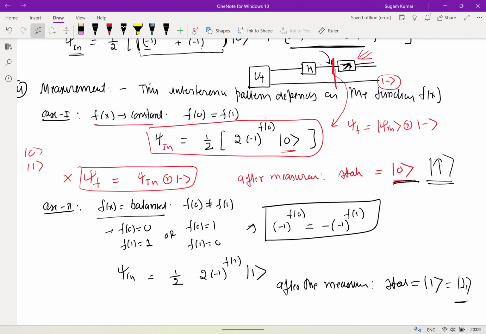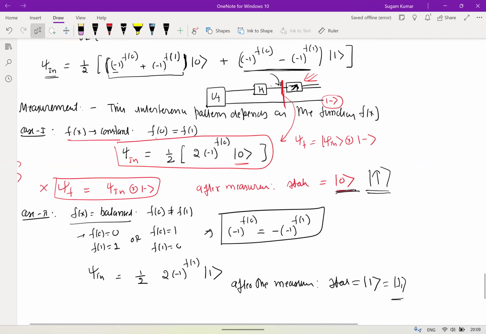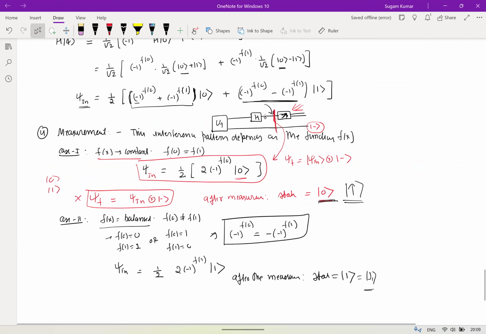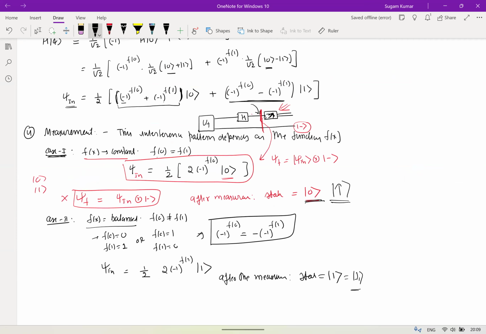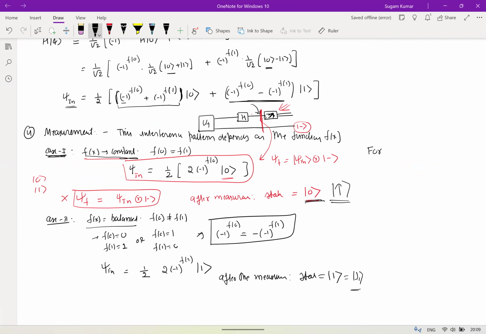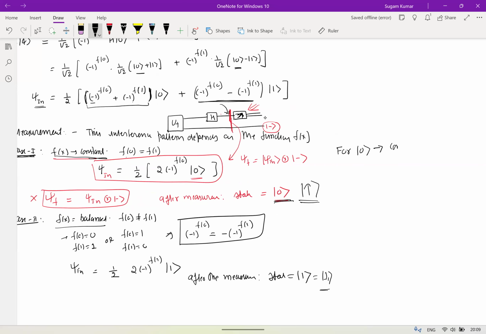So here what I can say, in the case number 1, you can see when the function was constant, for 0 state, you are getting a constructive interference.